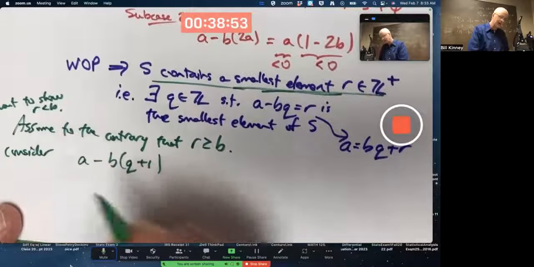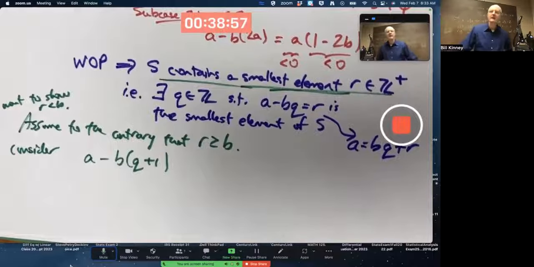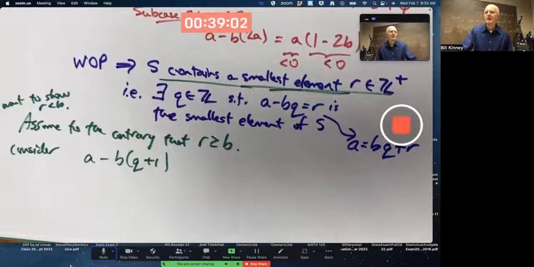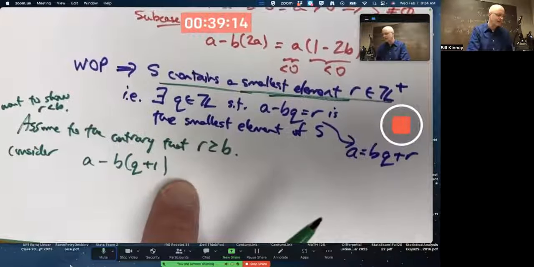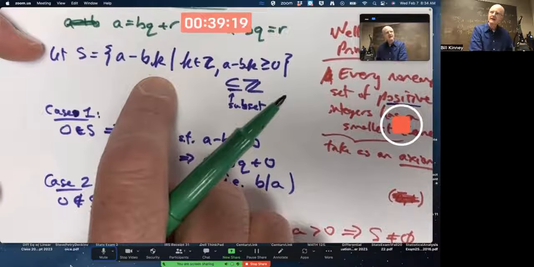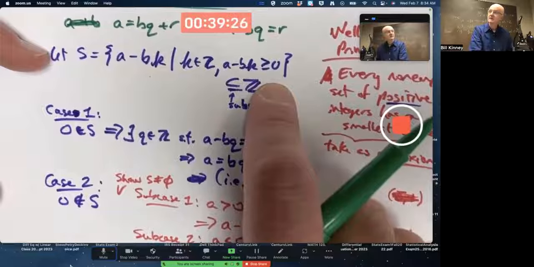Now, again, we're sort of doing scratch work, imagining that we're trying to do this from the start. Why consider A minus B times Q plus 1? Well, for one thing, we know A minus B times Q equals R. For another thing, we know A minus B times Q plus 1 in parentheses would fit this pattern of A minus B K. Maybe, just maybe, it also satisfies that condition because of our assumption to the contrary.